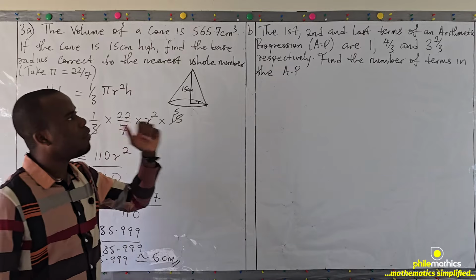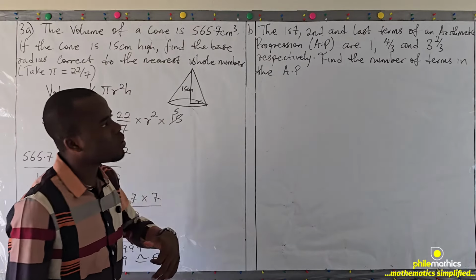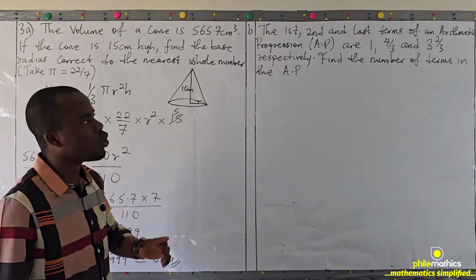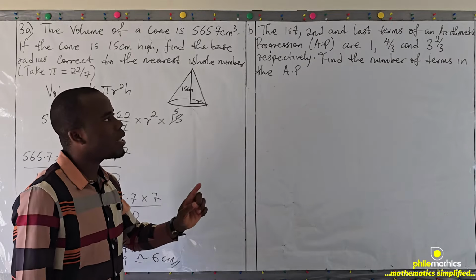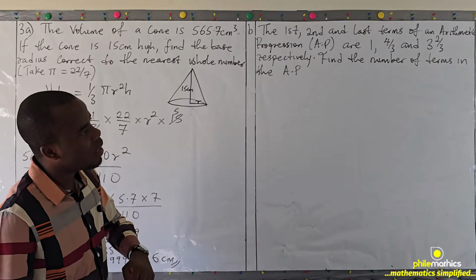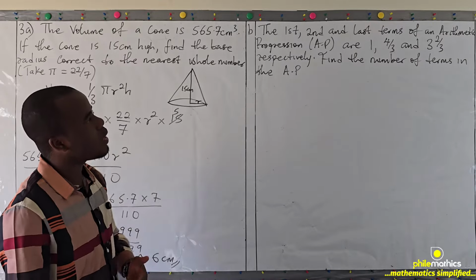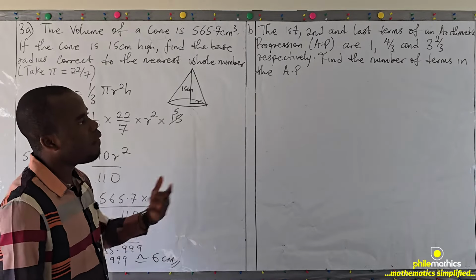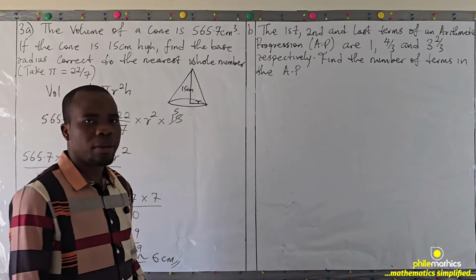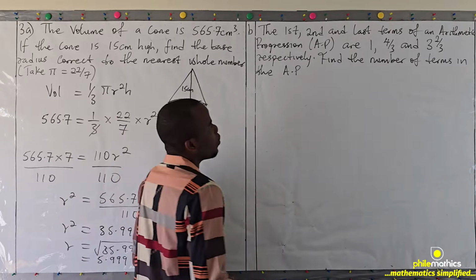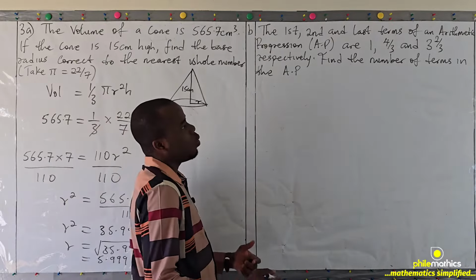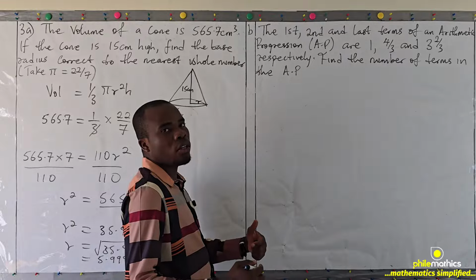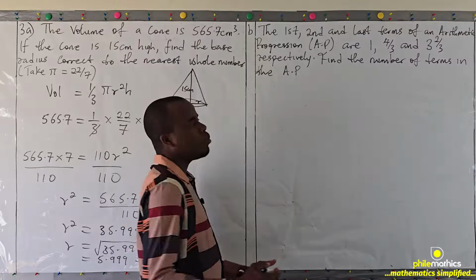B says the first, second, and last terms of an arithmetic progression are 1, 4/3, and 3 whole number 2/3, respectively. Find the number of terms in the AP. Now, first of all, what is the formula for n term of an arithmetic progression?